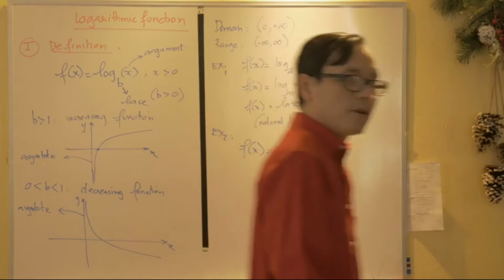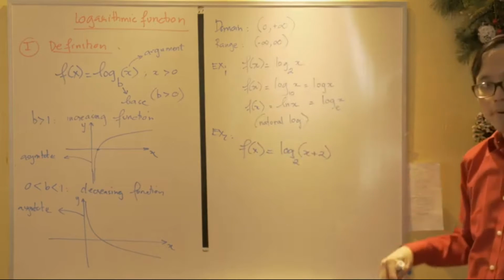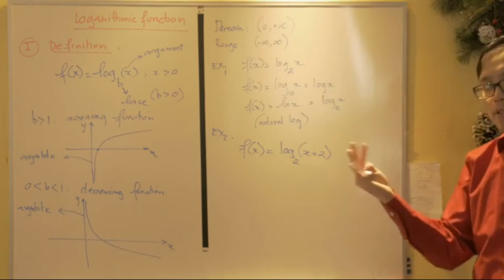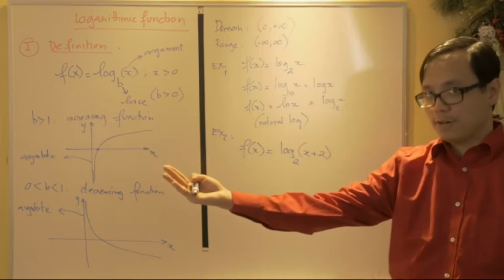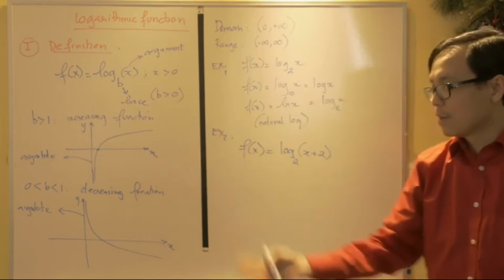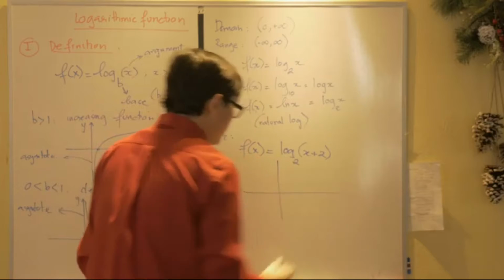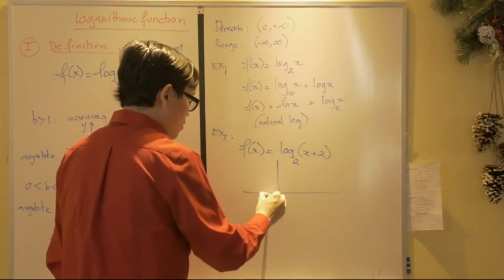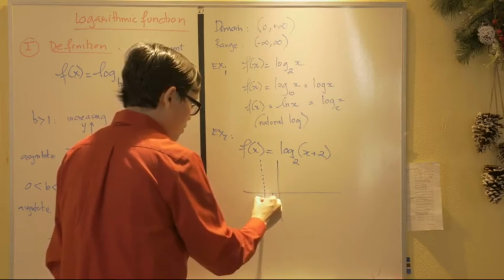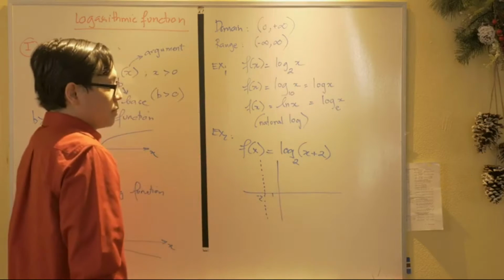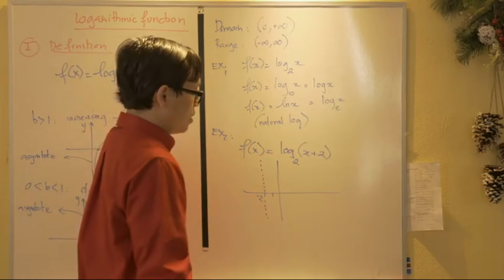What does it mean? You remember we learned transformation of functions? If we add 2 to the x inside the parenthesis, does it move to the left or to the right? It moves to the left 2 units, remember? It means the graph will look something like this: 1 unit, 2 units. So this is the vertical asymptote right here.